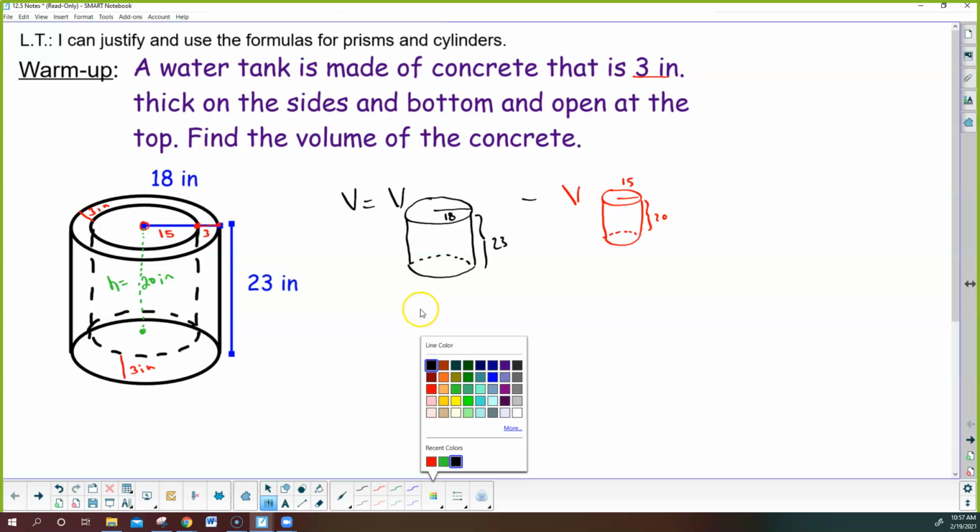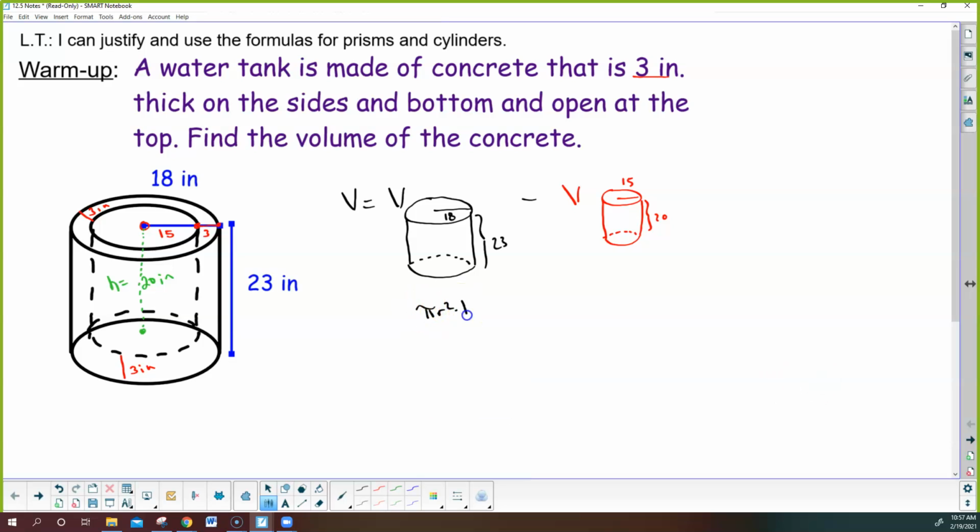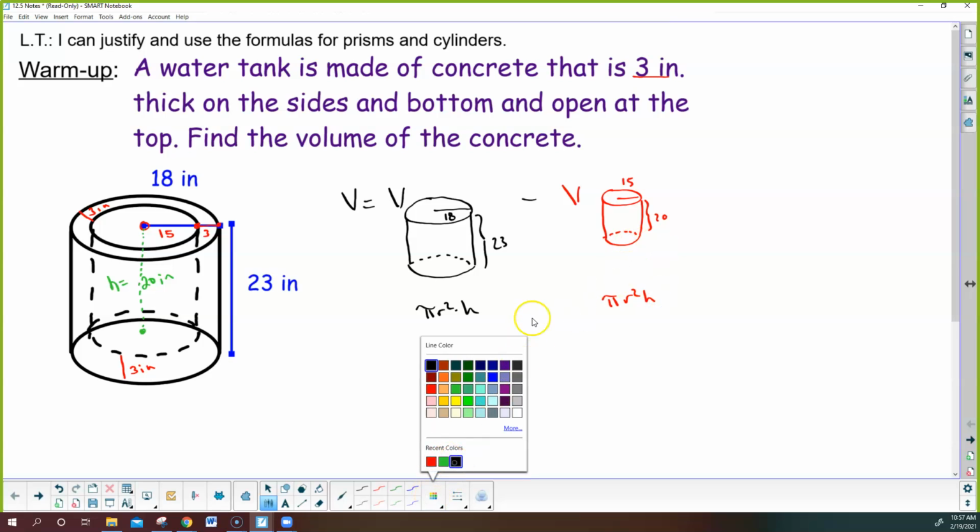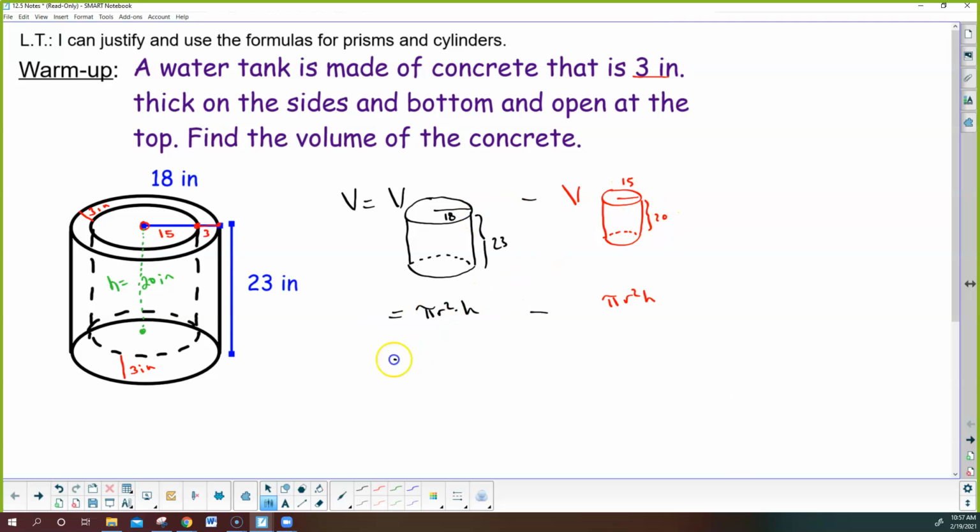And since it's volume, we know the volume is area of the base, which is pi r squared, times the height. And it's the same thing for the smaller cylinder. So we know our radius and height for each of the cylinders, which makes this volume fairly quick.